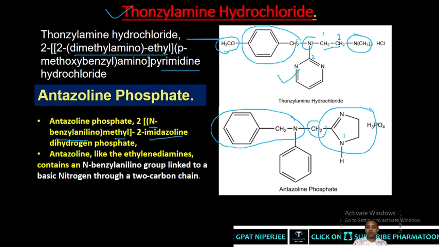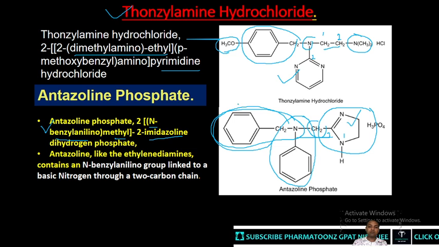The numbering starts from here, and this is the second number, 2-imidazoline. So this is the structure of antazoline, where the imidazoline ring is present, this is called the benzyl group, and this whole group is called anilino.